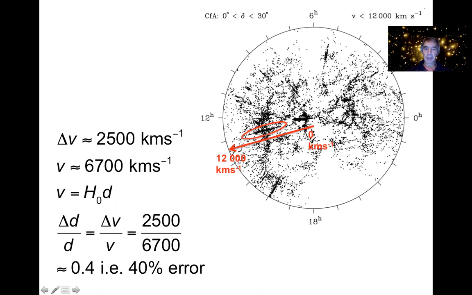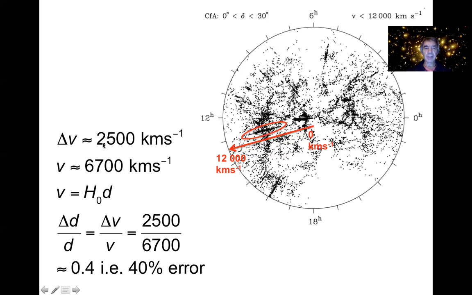So again, just by sticking a ruler on here, recall the scale goes out to 12,000 kilometers per second, starting at 0 in the center. So what I did was measure the full extent of this line, scale it to this one, and then divide it by 2. Okay, so you've got a plus or minus delta V on the average velocity here.